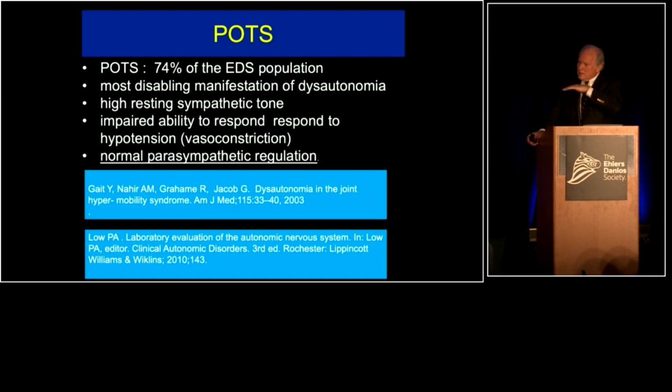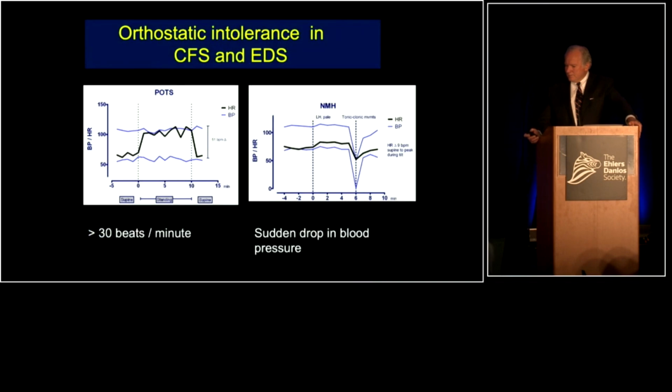So the level of adrenaline is generally higher in the EDS patient. But then when you really need the adrenaline, there's less of a response. They're less able to activate an adrenaline response to a sudden drop in blood pressure. On the other hand, they have normal parasympathetic regulation. So POTS is primarily a problem of the sympathetics, not the parasympathetics.